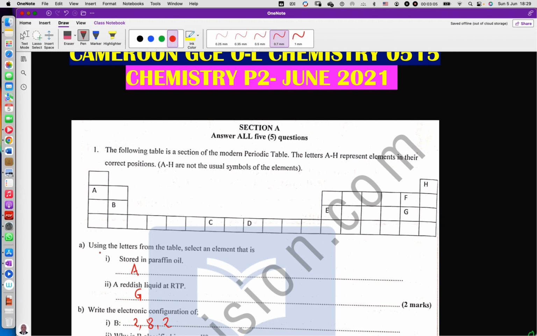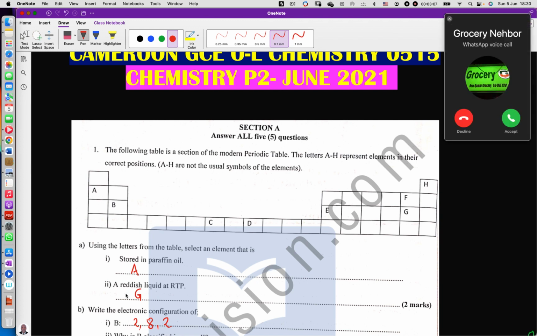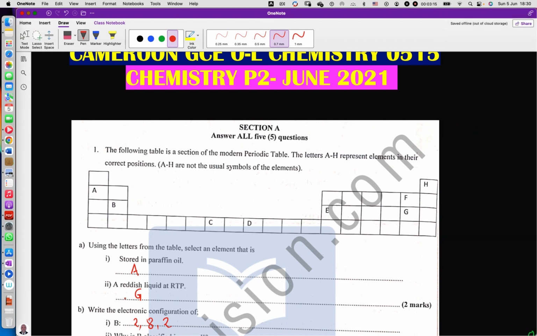B part of it. A reddish liquid at room temperature and pressure. A reddish liquid is a group 7 element.